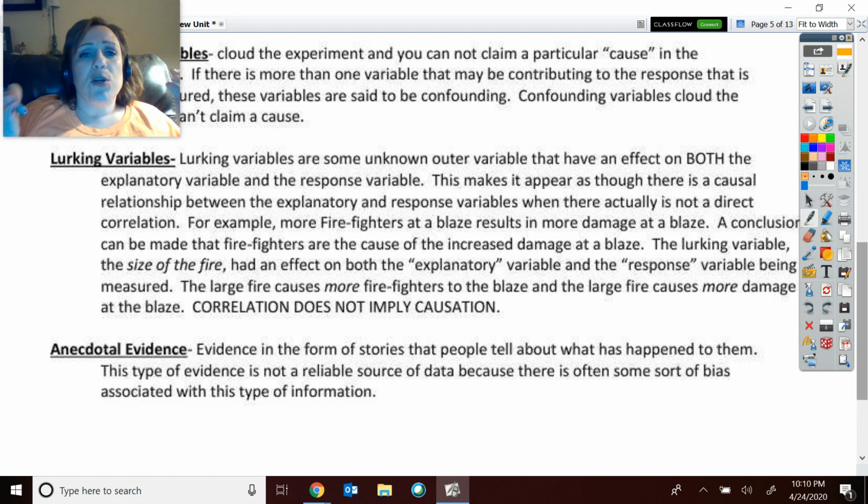Lurking variables make it look like there's a link. Okay, this is happening a lot in those observational studies. I can't tell if people are getting higher SAT and ACT scores because they took music lessons and music lessons make them smarter. Okay, or is it the fact that caring parents, affluent parents, have them take music lessons?